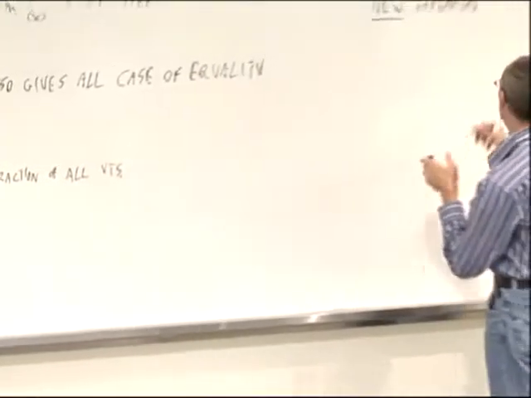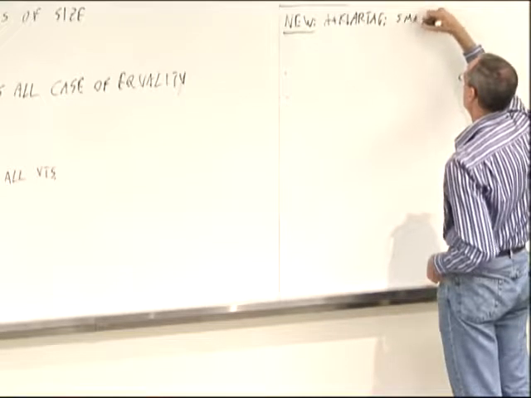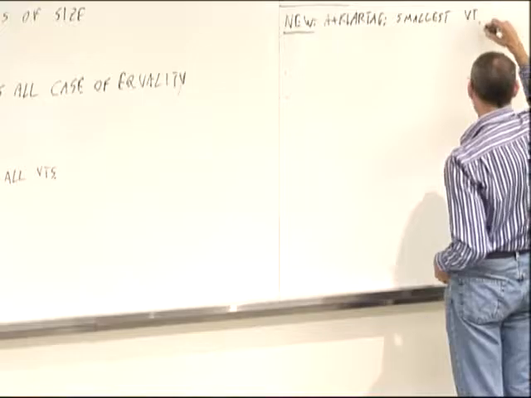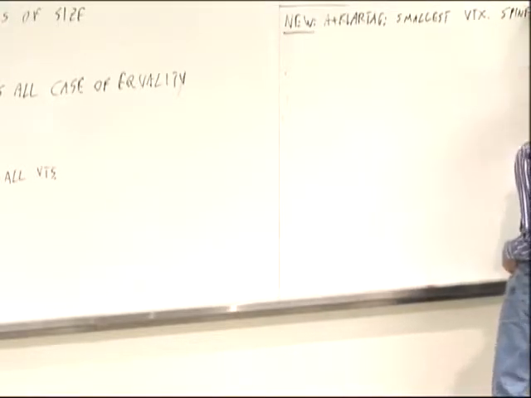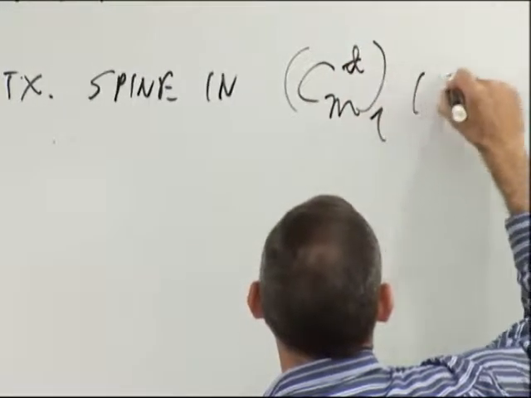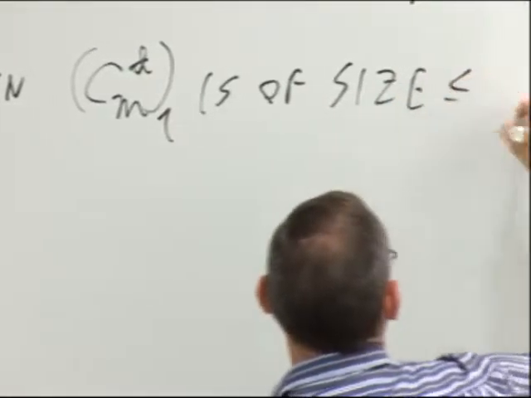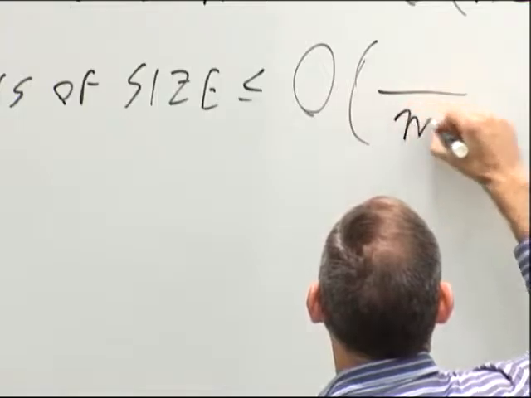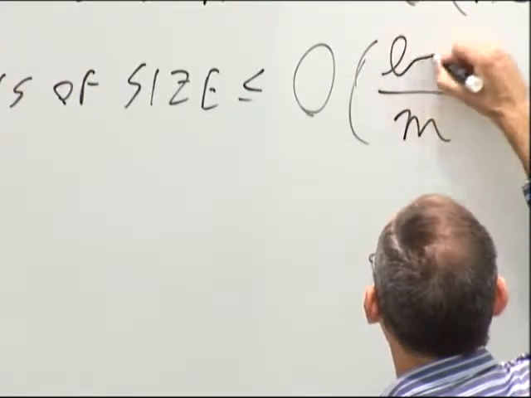So this will be one result: the smallest vertex spine in Z^d is of size at most some absolute constant, and here instead of d to the 0.6, it will be only log d.